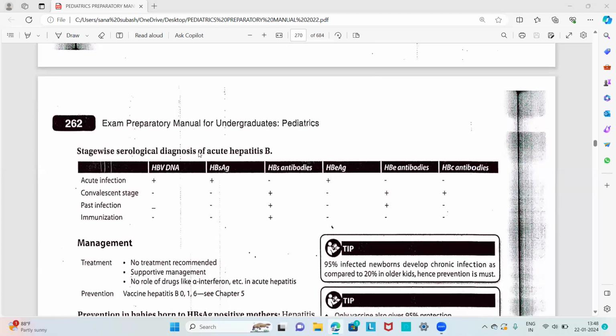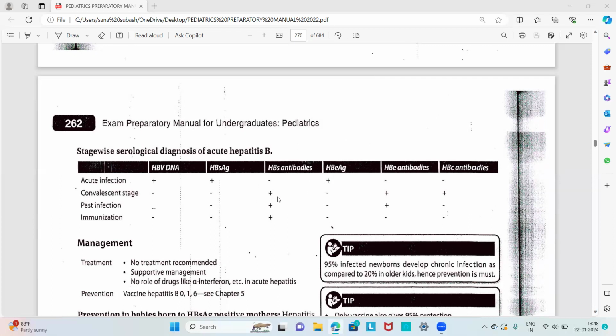These are the stepwise serological diagnoses of acute hepatitis B. In acute infection, the hepatitis B virus DNA, HBsAg and HBeAg are present, but the HBs antibodies, HBe antibodies and HBc antibodies are absent.